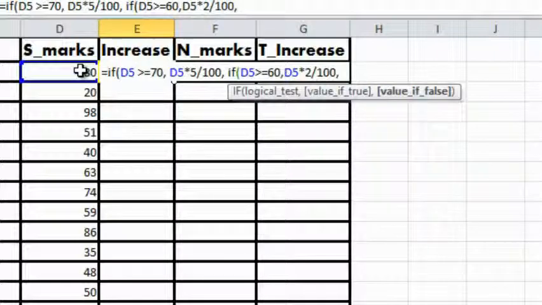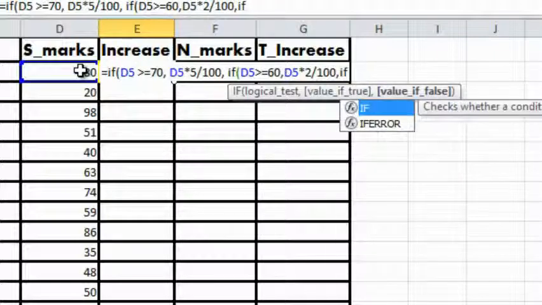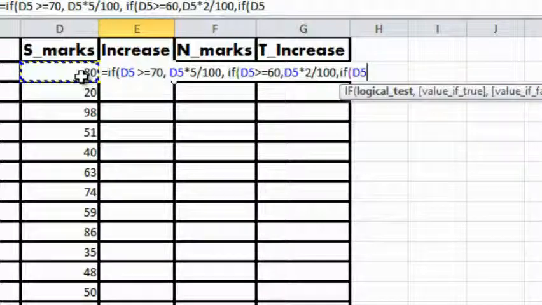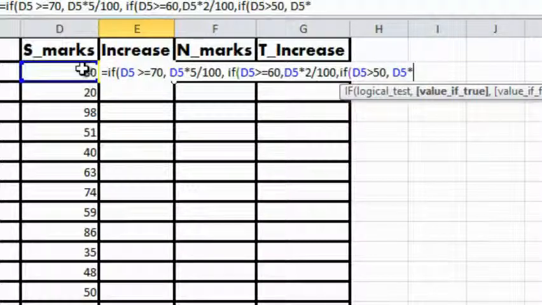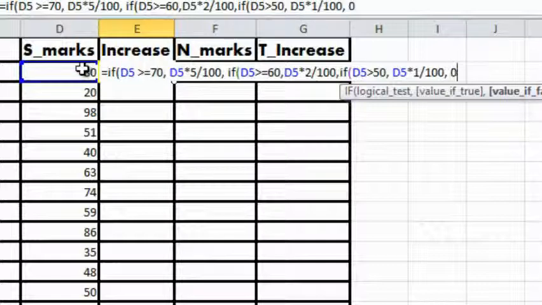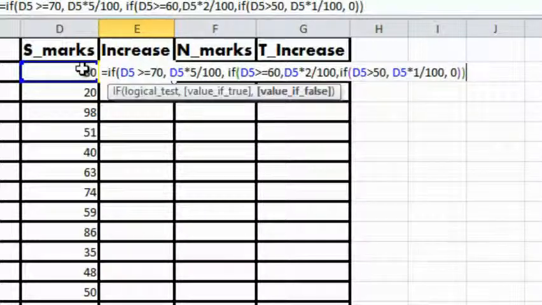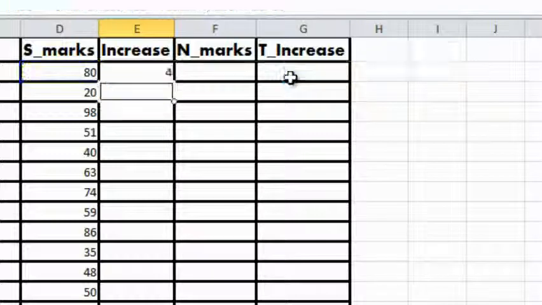Else if the mark is more than 50, then what do we do? We multiply the mark by 1%, 1 divided by 100. Else, the increase will be 0. There we go. We have our IF function. Let's see if it works. And there we go. We have our increase.